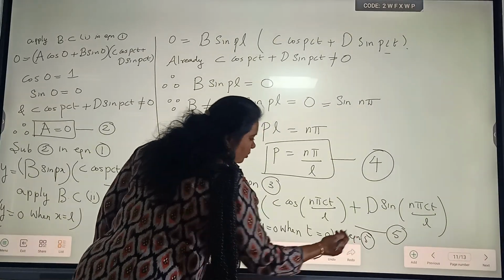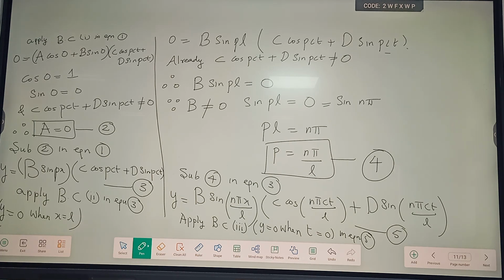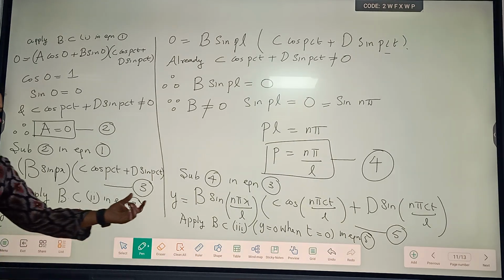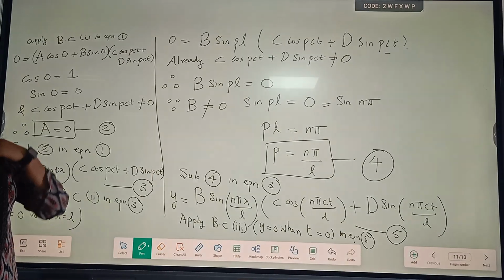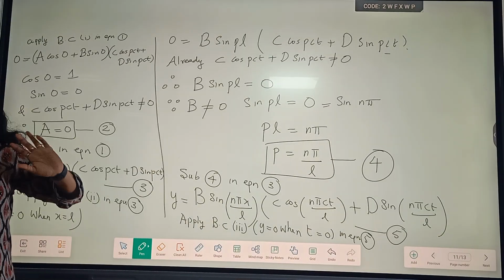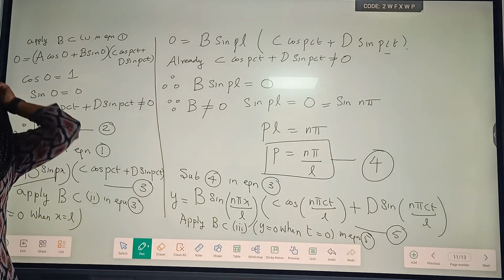Apply the third boundary condition now. Y equal to 0 when t equal to 0. So what am I getting there?